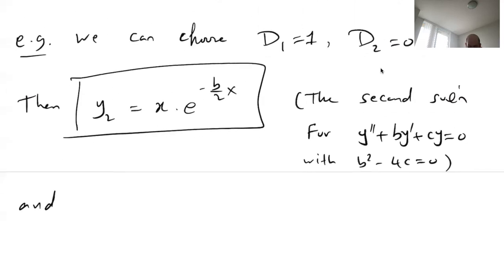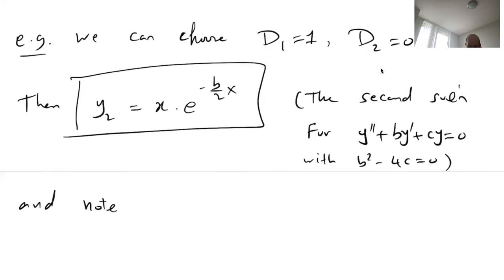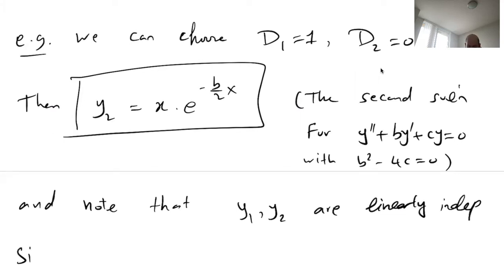And note that y1 and y2 are linearly independent, since they are not scalar multiples of each other.